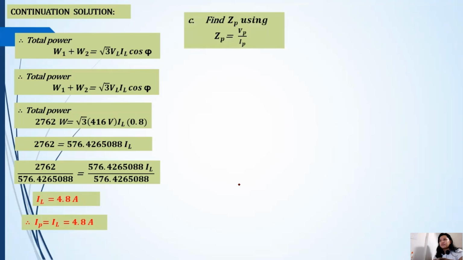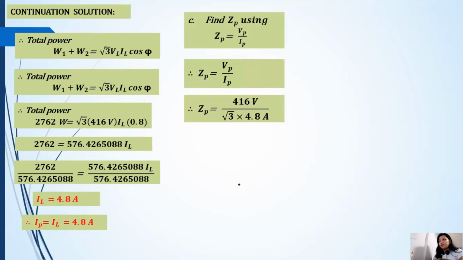So next is to find the ZP, or our phase impedance. Using the formula, ZP is equal to VP over IP. Then our VP is 416 volts, which is the given, and our IP is the square root of 3 times 4.8 amperes. So our ZP here is equal to 50 ohms.